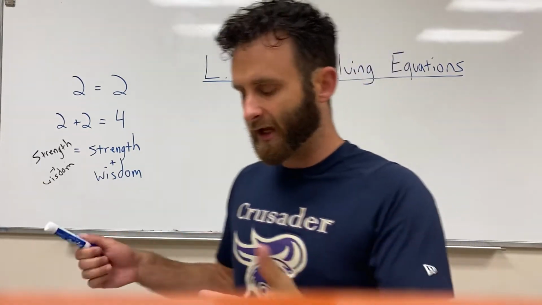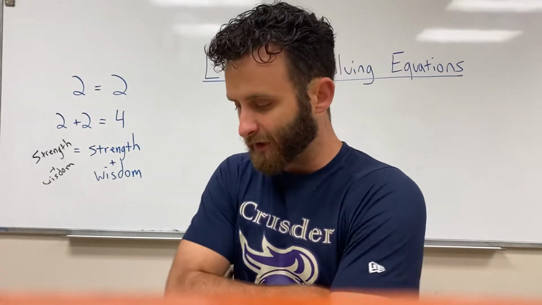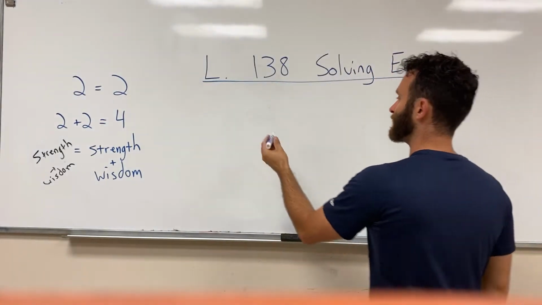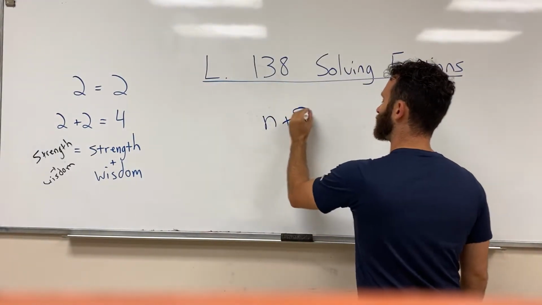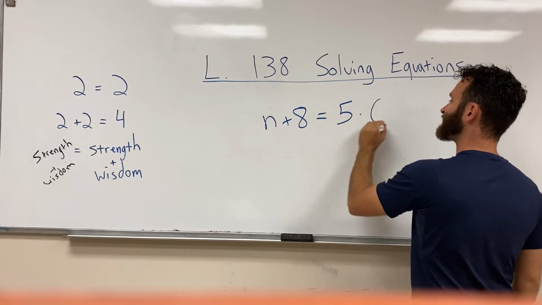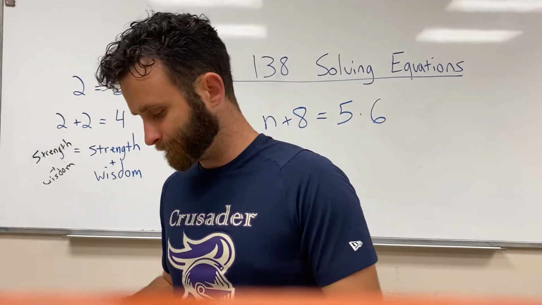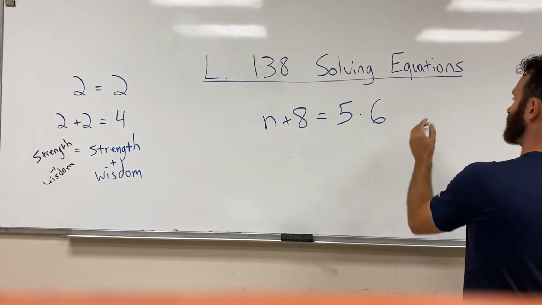So let's look at number 1 in the yellow box on page 249, which says n plus 8 equals 5 times 6, okay? So the first thing we do, step 1, is simplify.